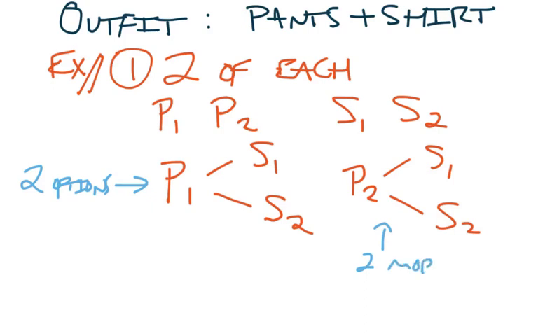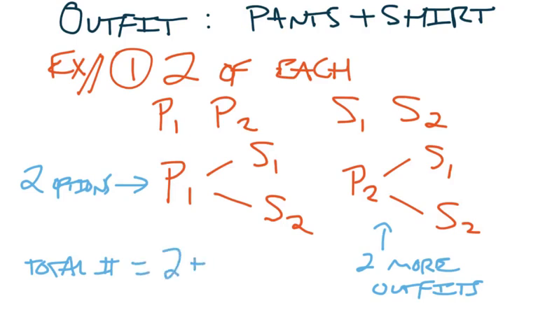All right, 2 more outfits. So, the total number of outfits is all the options from pants 1 being the pants, and all the options from pants 2 being the pants. That's 2 plus 2, which is 4 total options.